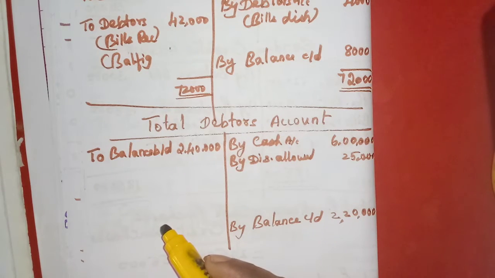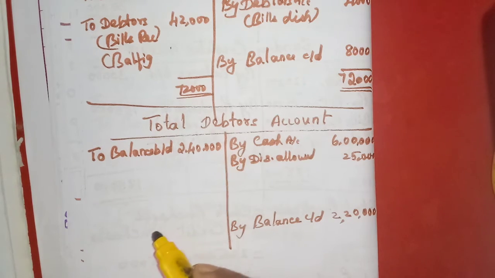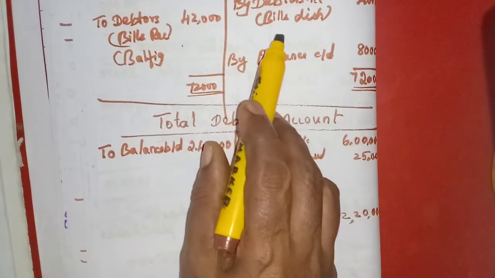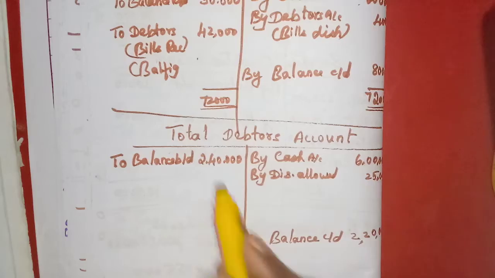Then the third one, creditors. Cash paid to creditors, discount allowed by supplier, it will not come. Payments against bills payable, it will not come. Cash received for bills receivable, that also won't come. Then bills receivable dishonored. You see, debtors account debtor to bills receivable.